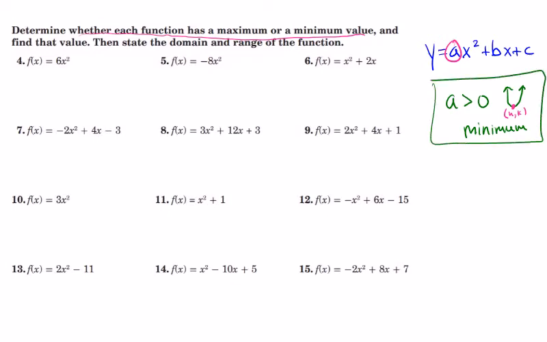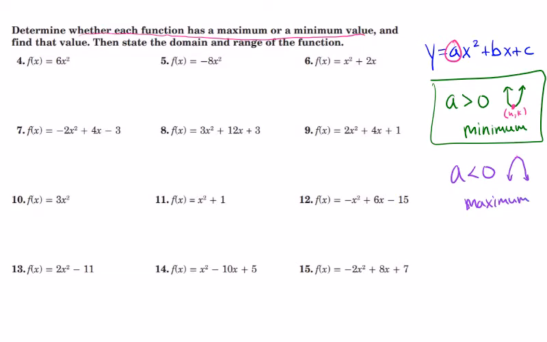So when a is greater than 0, we're going to have a minimum, and it's going to be an upward facing parabola. And when a is less than 0, it's going to be a downward facing parabola, in which case you're going to have a maximum.